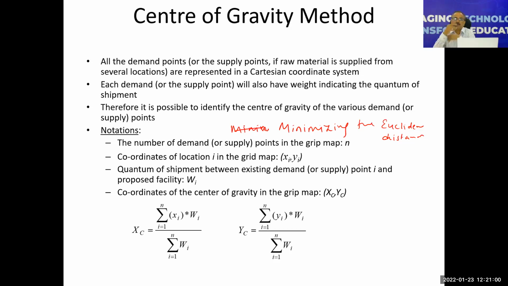So let's say we have a number of warehouses which are located, and based on that we want to locate a factory. So it's a single facility location decision, where you have a number of demand points, that means the warehouses, and each demand point will have a requirement in terms of certain quantity that needs to be fulfilled.